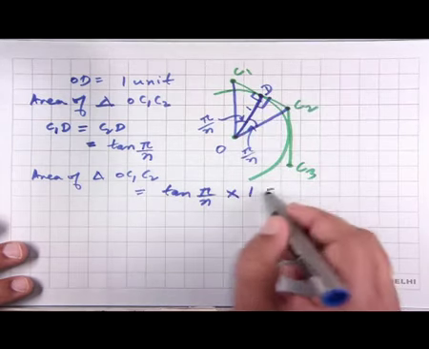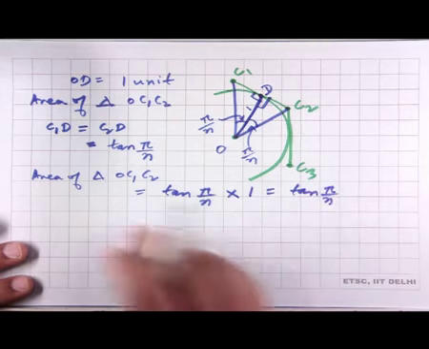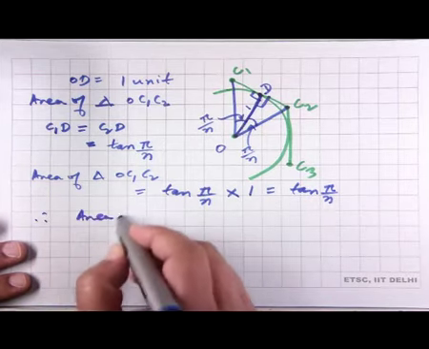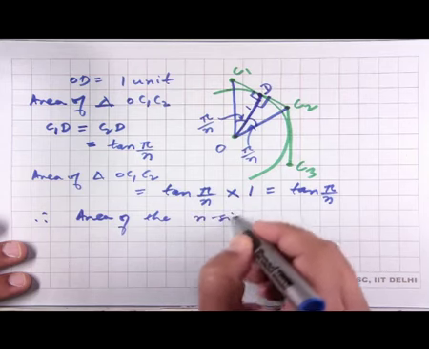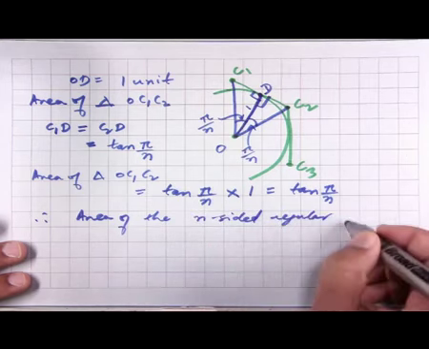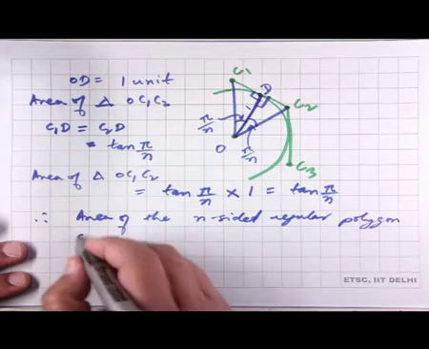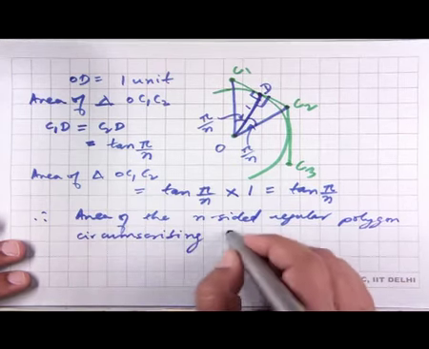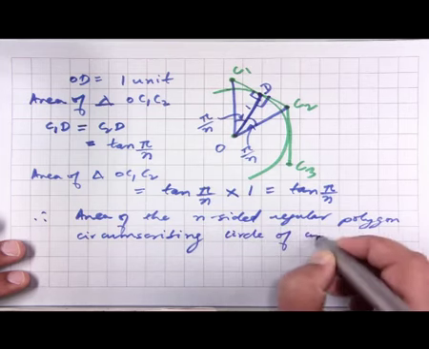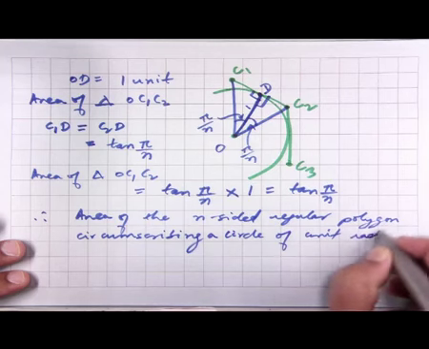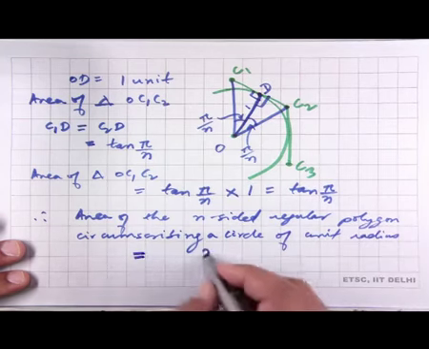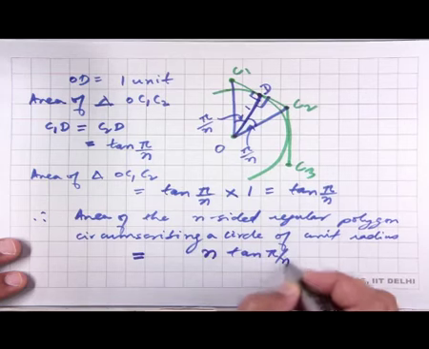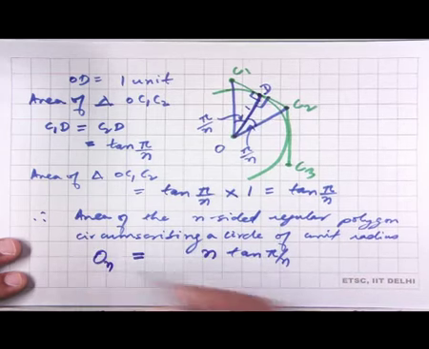So, the area is tan pi by n, and therefore, the area of the n-sided regular polygon circumscribing the circle of unit radius is simply n times this area, tan pi by n, which has been denoted as O n.